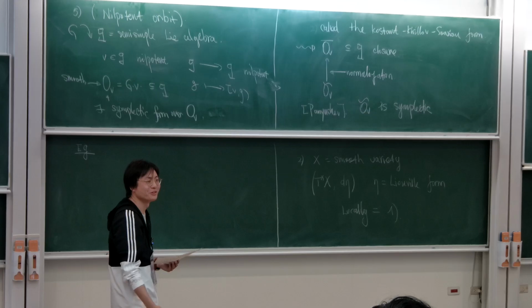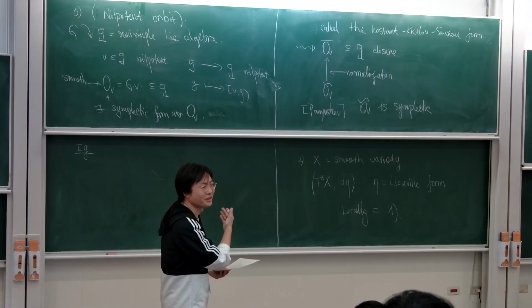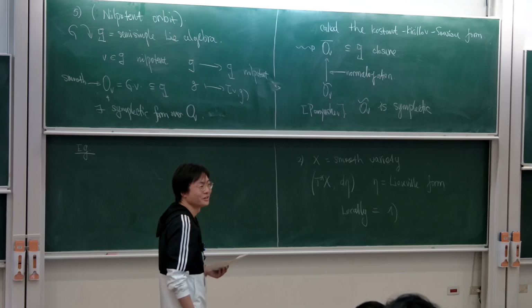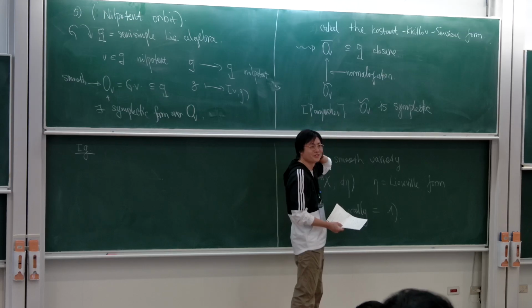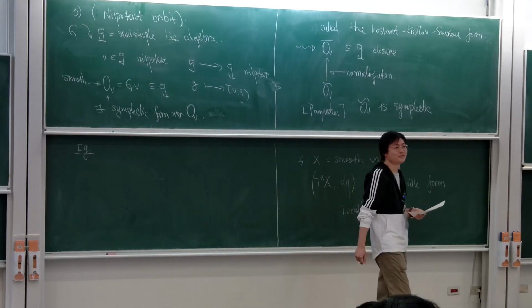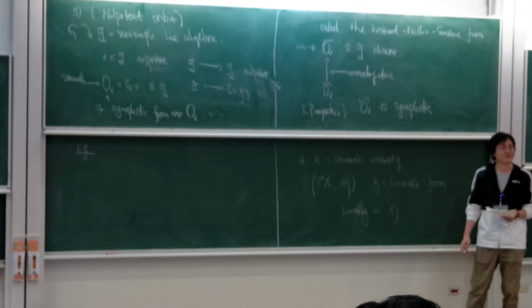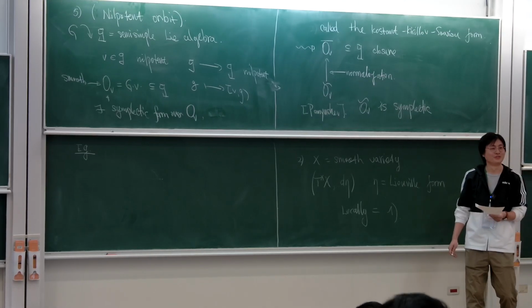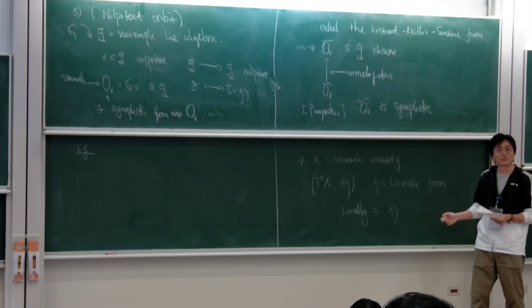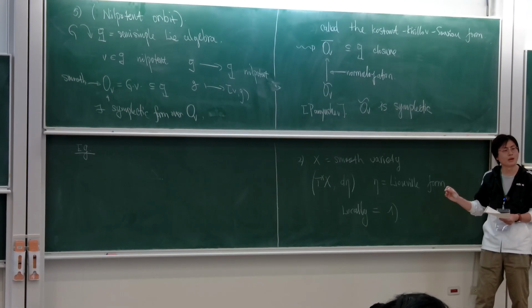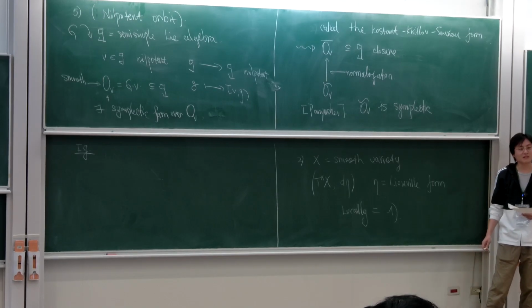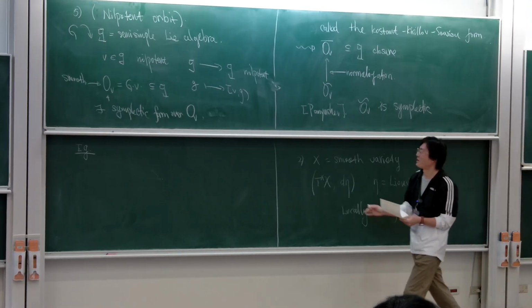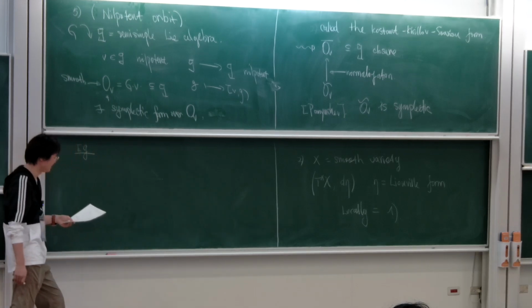Maybe Professor Nakajima, do you know any explicit example where the closure is not normal? There are some exceptional Lie algebras, but I don't know an explicit example. But I think there are some examples.